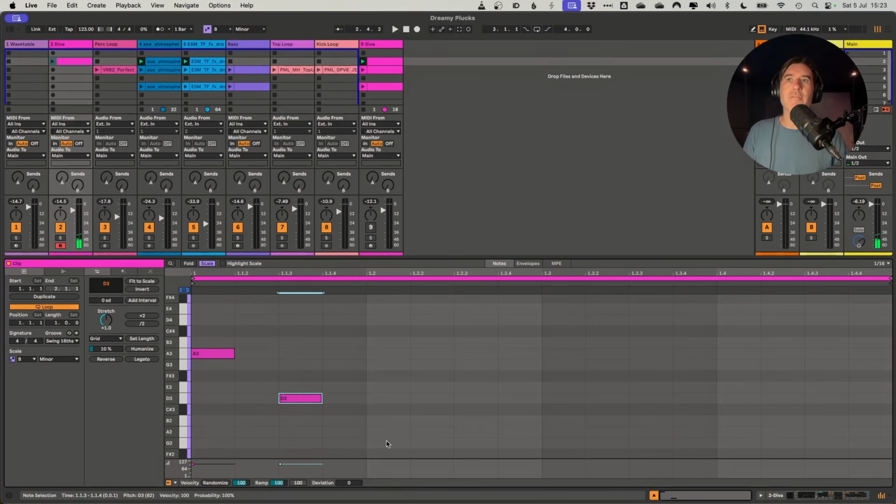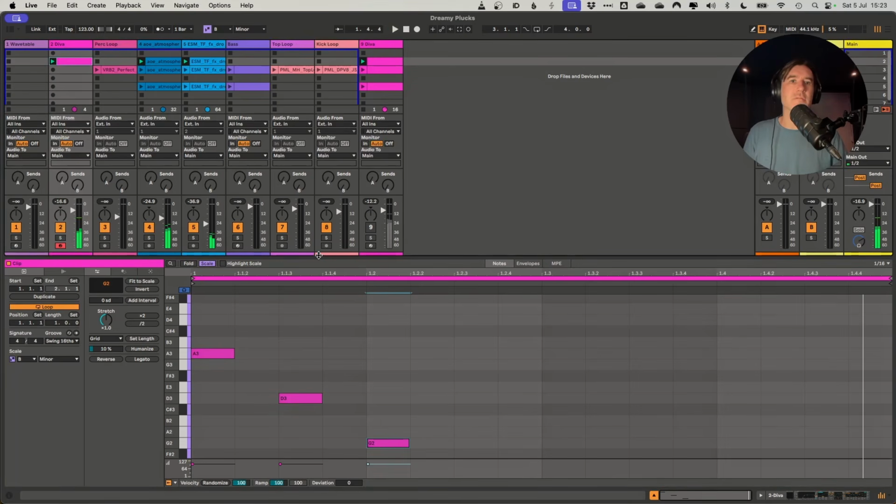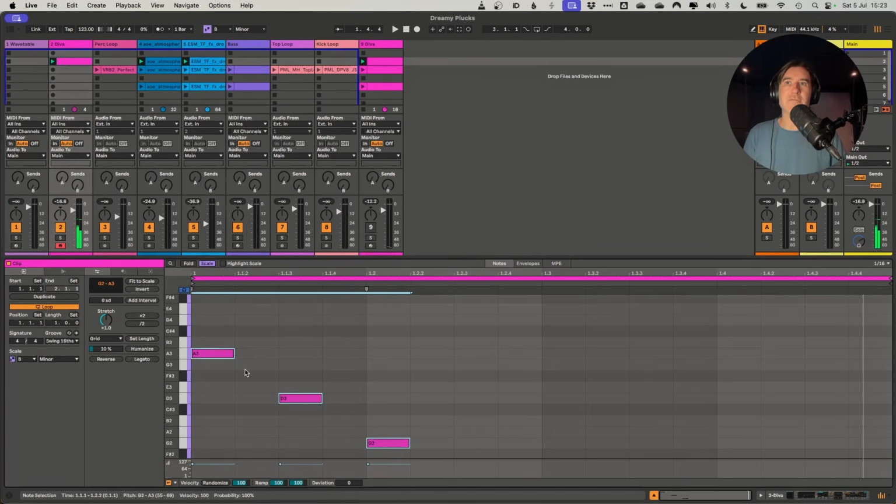And then we're going to have this note, but down an octave. So that it's got the 7th, 3rd, 6th, and that is where it happens. That's where the emotion happens, is these 3 notes working together.